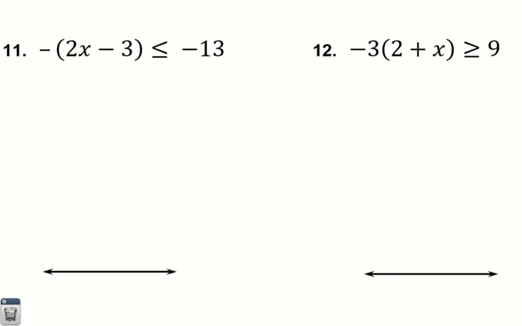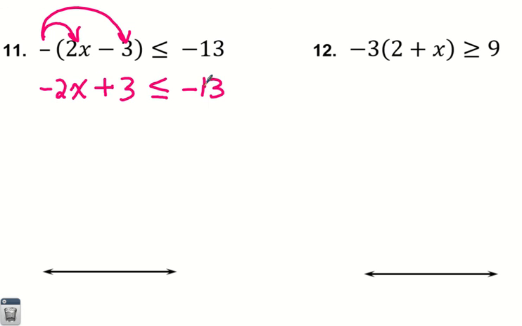A couple more. This never ends. But once again, we have to first clear the bubble with the distributive property, and so this becomes a -2x plus 3. Everything else stays the same. Seems like my pen and board are malfunctioning right now. And we keep on keeping on.